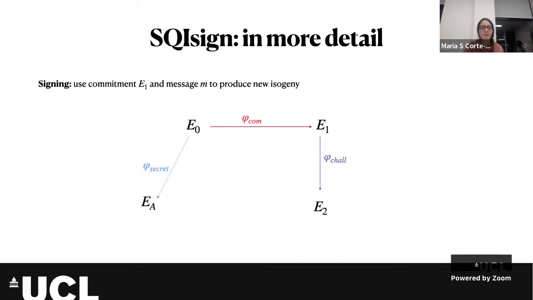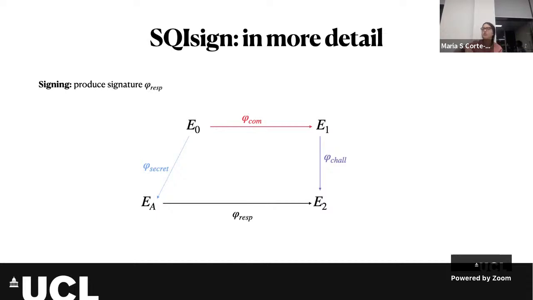And then the last phase is to produce the signature. So the signature will be this response isogeny that will go from your public key to this image elliptic curve E2.